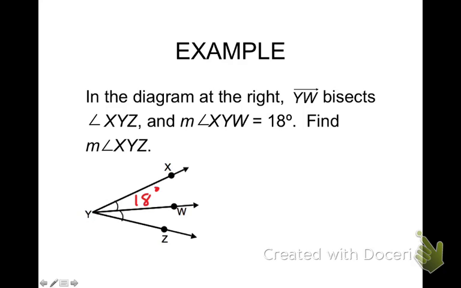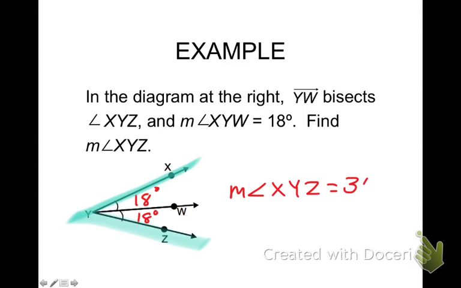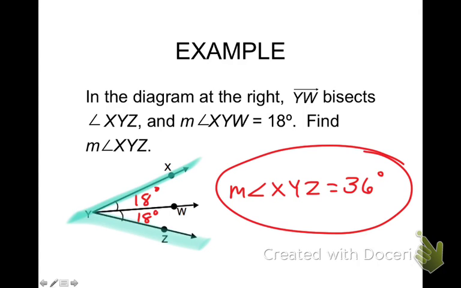So if the top angle is 18 degrees, then the bottom angle is also 18 degrees. And it's asking us to find the measure of angle XYZ, which would be how many degrees? 36. Good. So the measure of angle XYZ is equal to 36 degrees. Great.